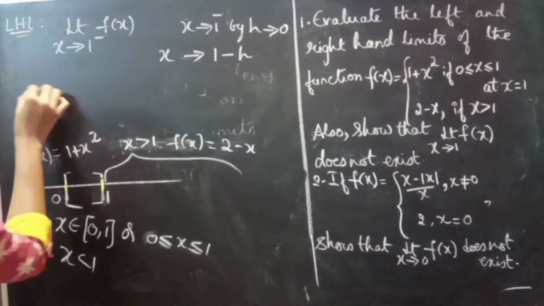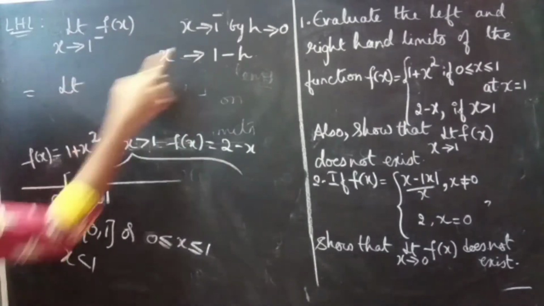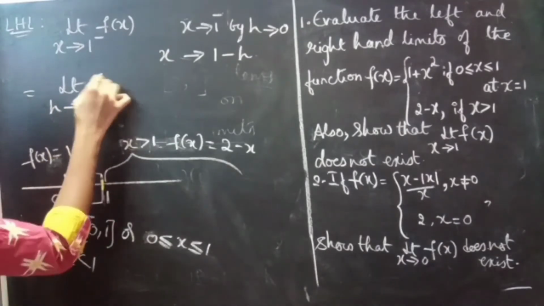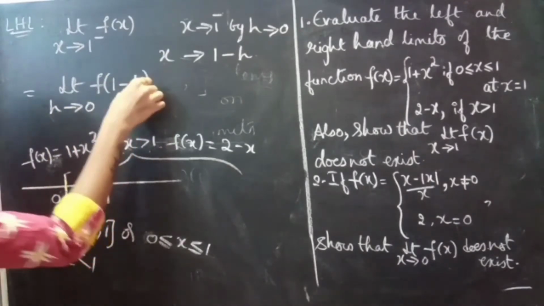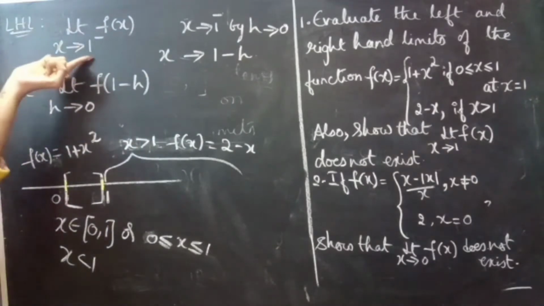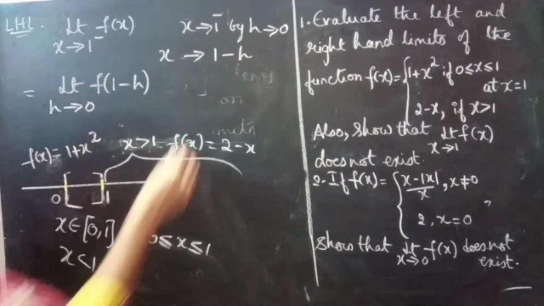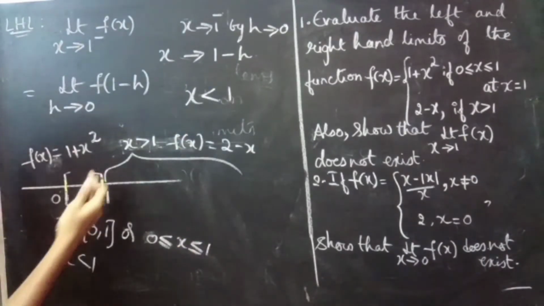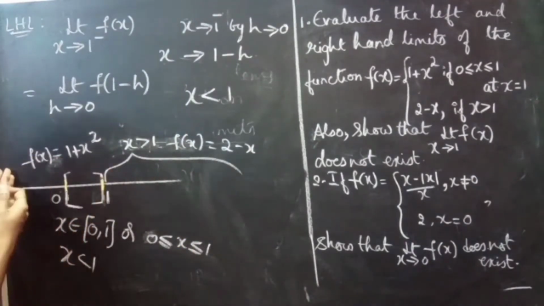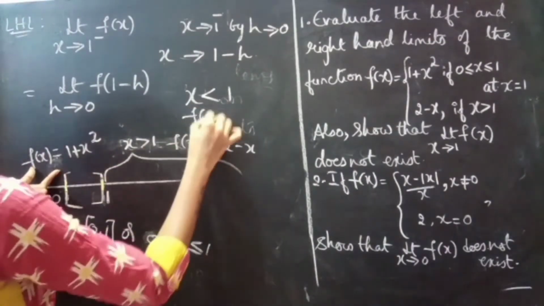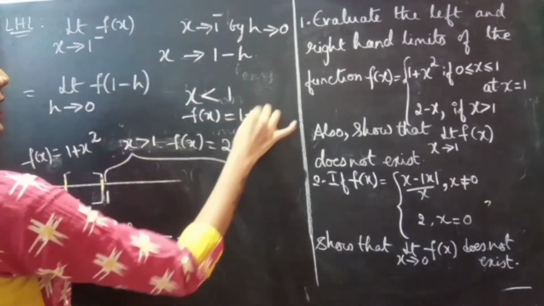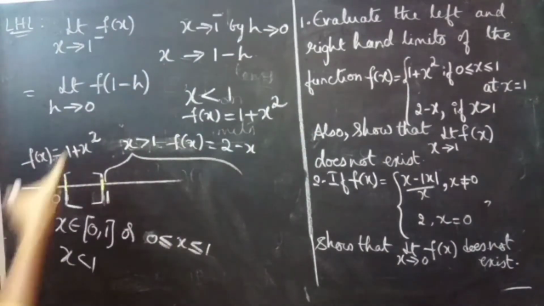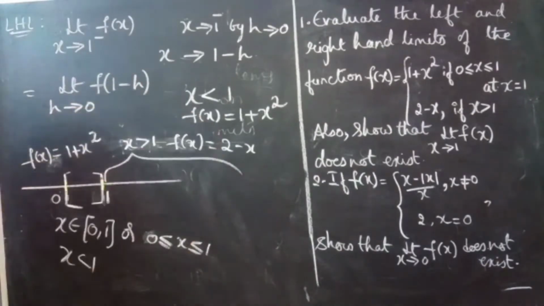So this equals limit h tends to 0 f of 1 minus h. While considering left hand limit, you will consider x less than 1. When x is less than 1, you have f of x equals 1 plus x square. So now we will replace this function.